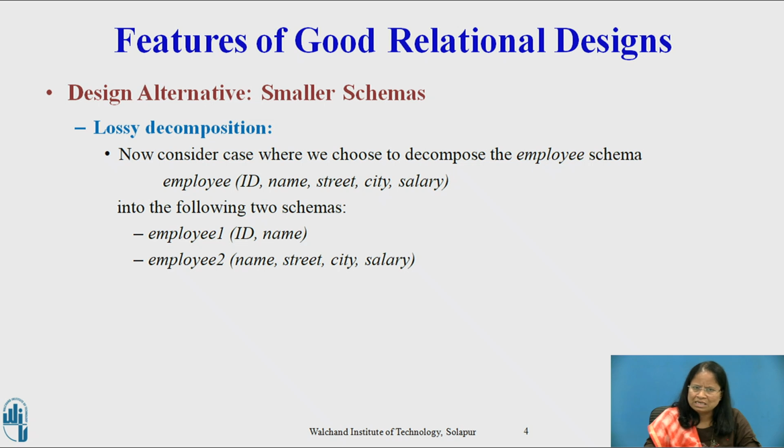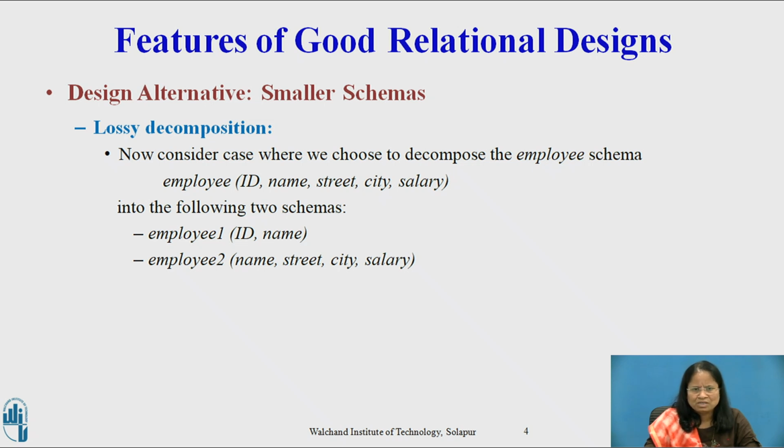Now consider a less extreme case where one chooses to decompose the employee schema with the attributes ID, name, street, city and salary into the following two schemas: employee1 with the attributes ID and name, and employee2 with the attributes name, street, city and salary. The flaw in this decomposition arises from the possibility that the enterprise has two employees with the same name.